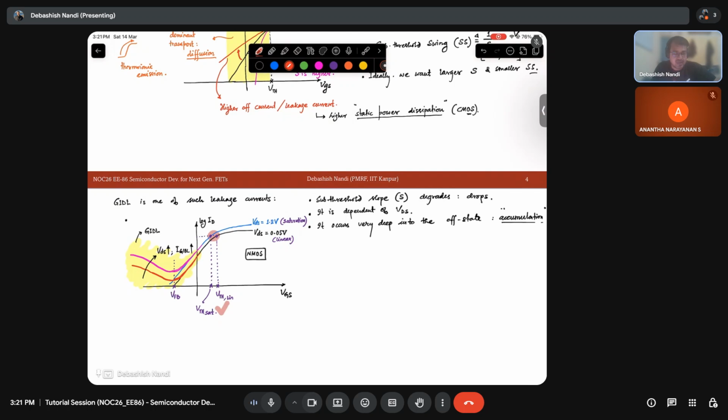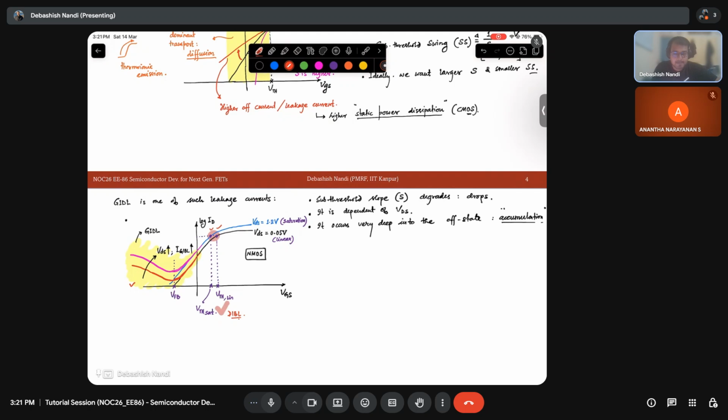What is that effect? Drain induced barrier lowering, DIBL. We are getting this signature. And this is my GIDL, gate induced drain leakage. We will see why and how this is happening. But you first need to understand the characteristics from which you can conclude that you are having severe gate induced drain leakage in your device.